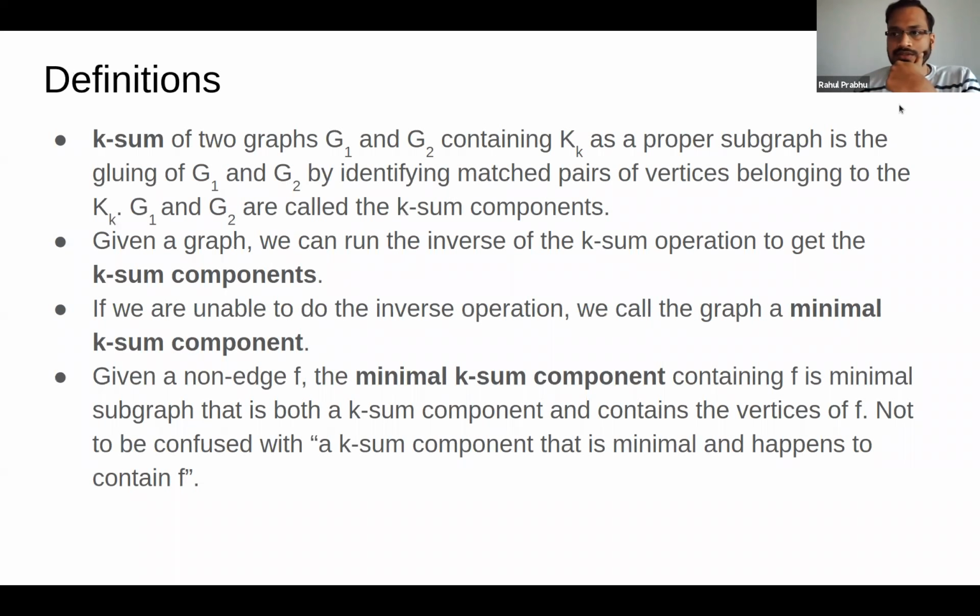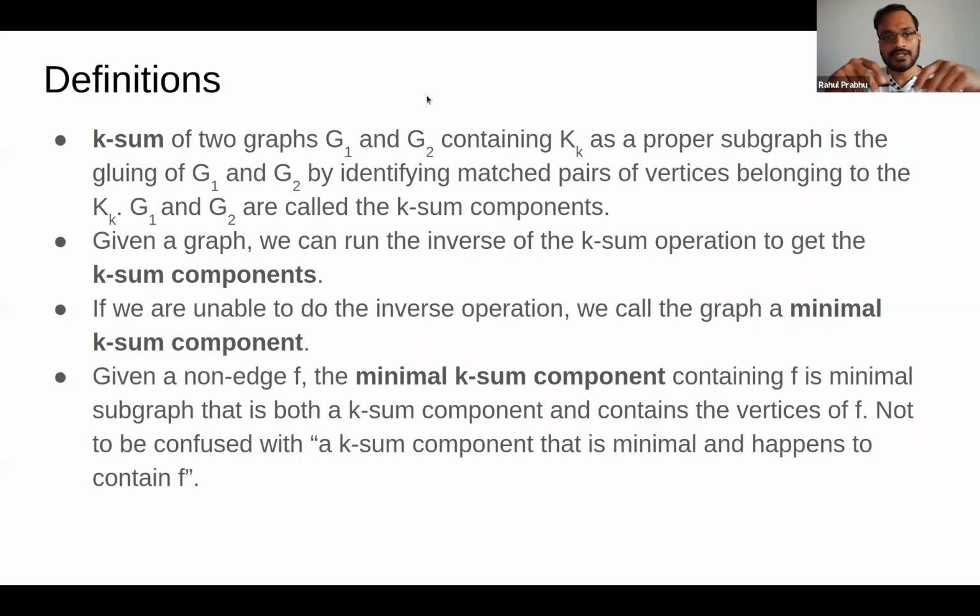Okay, so I'll get some definitions out of the way first. We define a K-sum of two graphs, G1 and G2, containing a K-clique as a proper subgraph by gluing G1 and G2 by identifying matched pair of vertices that belong to the K-clique.